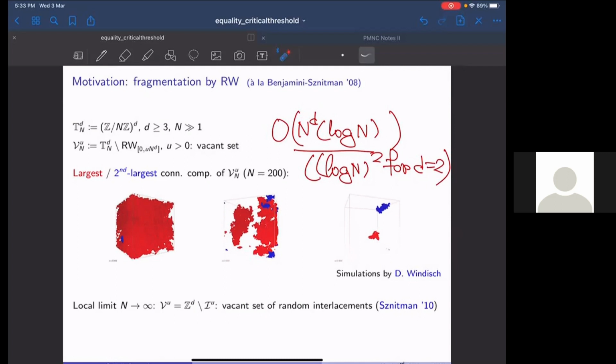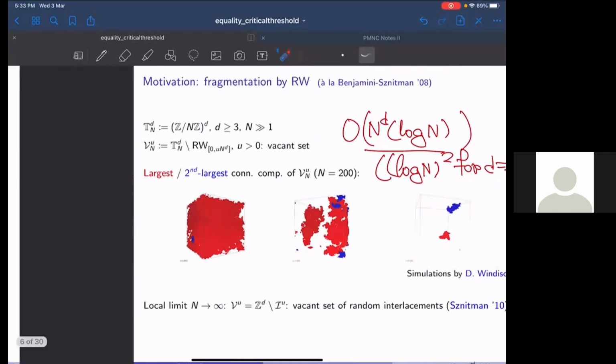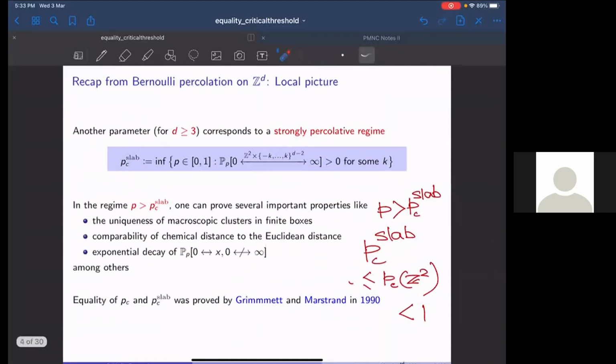So the question is, when you say p_c of the slab is equal to p_c, do you mean p_c of Z^d and not Z^2? Oh yeah, sure. This is probably confusing. Yes, definitely, what I mean is p_c of Z^d.